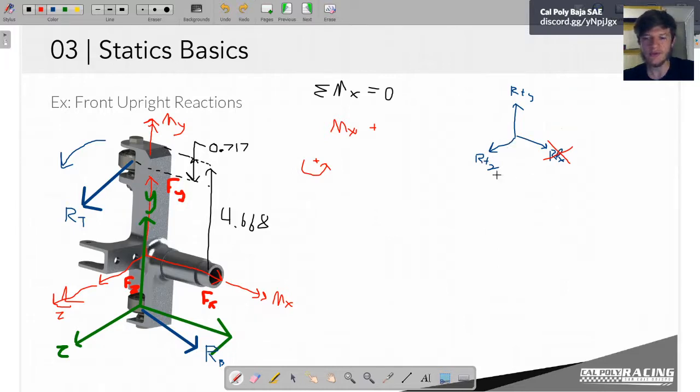Similarly, RTZ can do the same thing. So if it's located down here, that's now also a force separated by a distance that can rotate around the x-axis. So for each of our reactions, we have to add 2 moments.